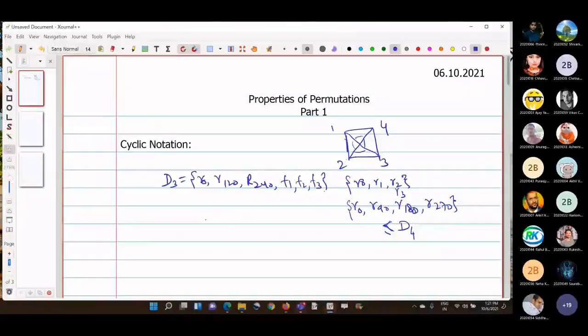Fine. So he was asking how many subgroups D3 has. So of course we can keep only rotations. And once we are keeping a rotation, of course R0 will always be there, because R0 is identity.